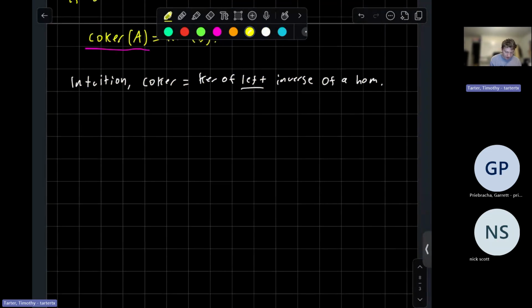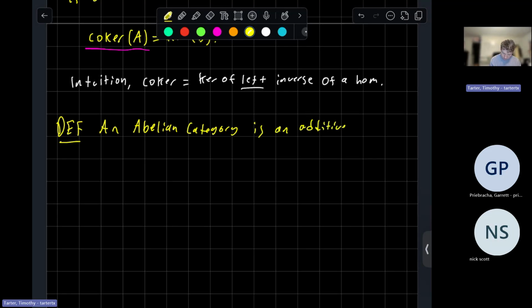So then our big definition is: an abelian category is an additive category satisfying three more things.